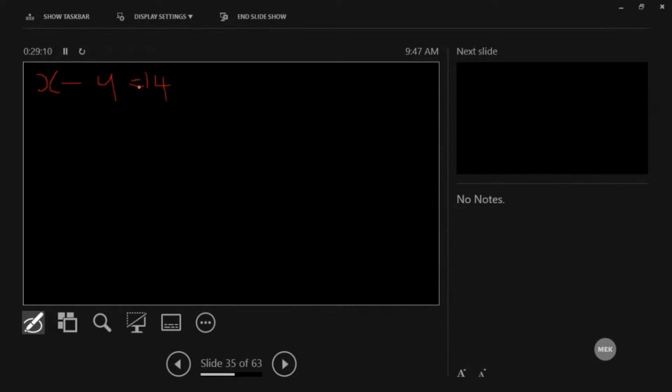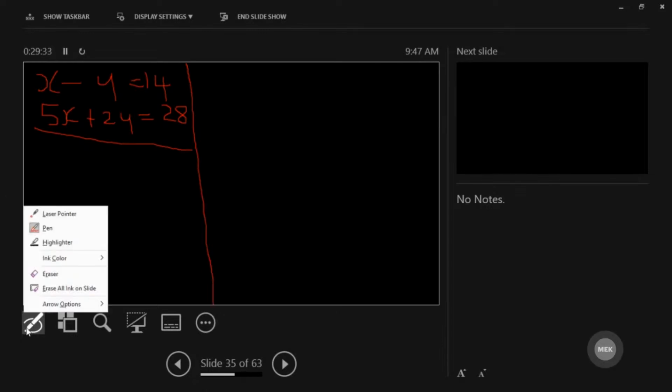and 5x plus 2y equals 28. So that's the original equation. And let's write it in matrix form.